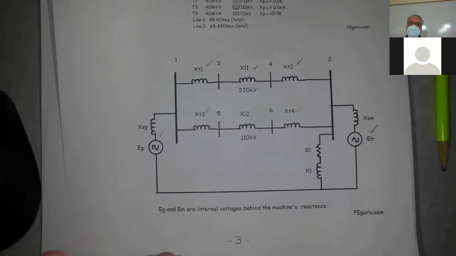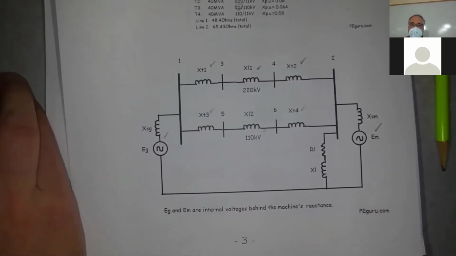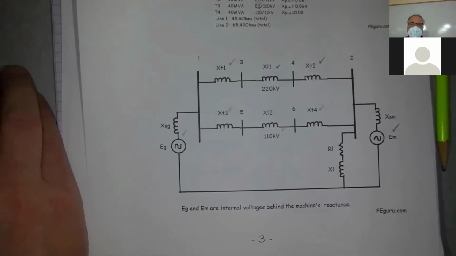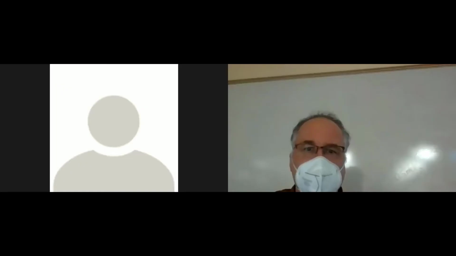So that's per unit and percent. Okay. Now, oh, yep, they can hear us. Let's go back here.